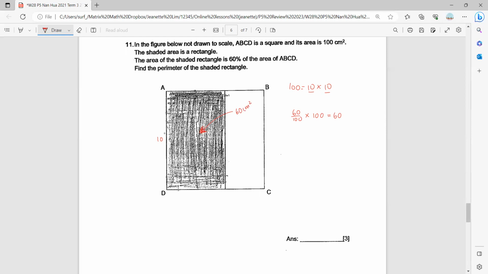This here. All right, so how do you find the breadth of the shaded? So you take area, divide by length, you get the breadth. So this is 6. So to find perimeter, 10 plus 10 plus 6 plus 6 equals to 32. So answer is 32 cm.